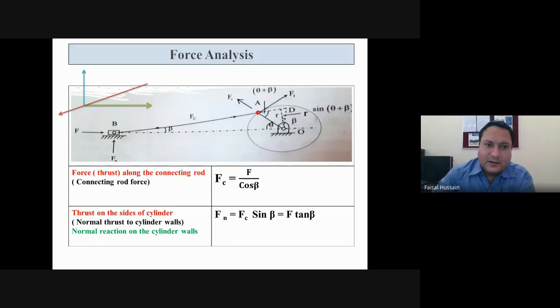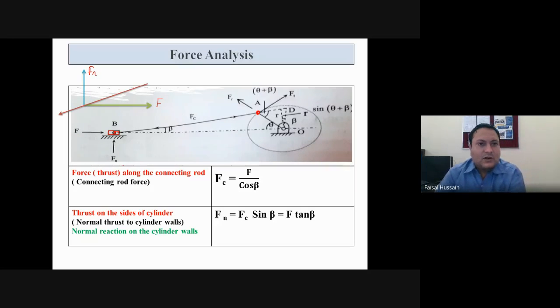If I draw a free body diagram, this is my piston. So vertical along the vertical axis. This is the normal force. This is the piston effort F that we have seen in the previous slide.